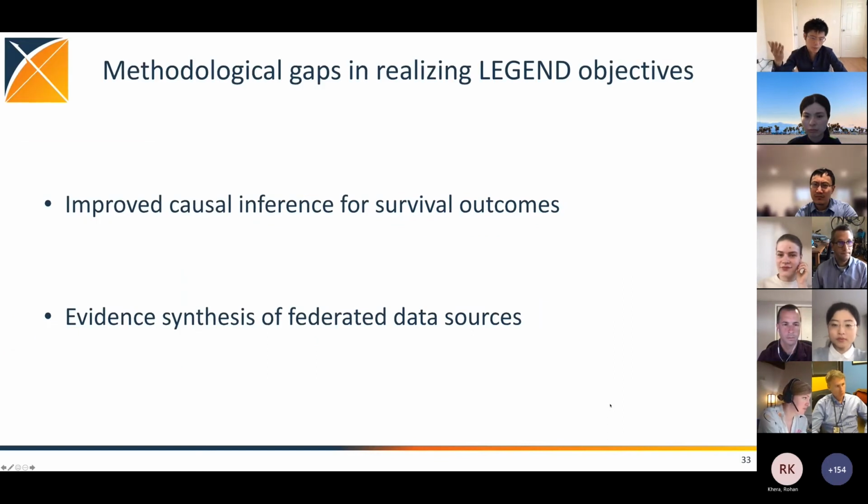And in the LEGEND spirit of generating reliable evidence, it's important for Odyssey to address these shortcomings as we discover them. So I'll discuss the challenges and opportunities around causal inference techniques for survival outcomes, and Fan will describe her ideas on how to carry out evidence synthesis on a federated data network model.